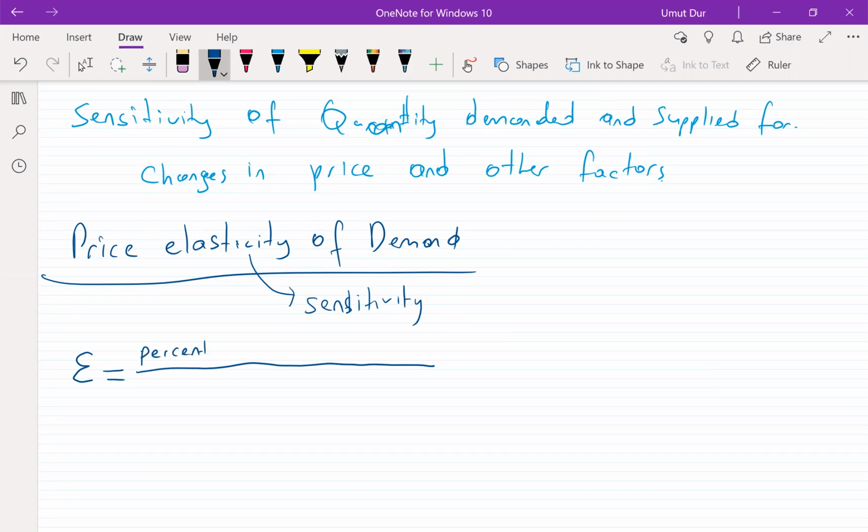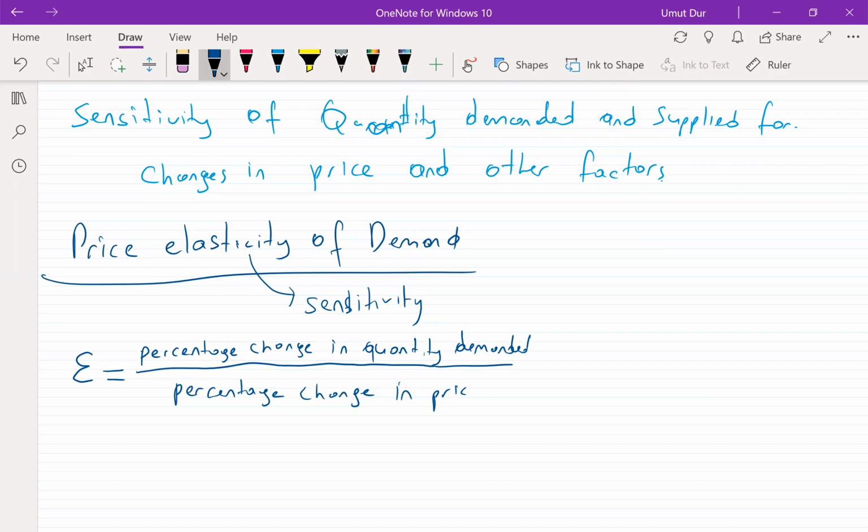percentage change in quantity demanded divided by percentage change in price. Okay, so what do we mean here?